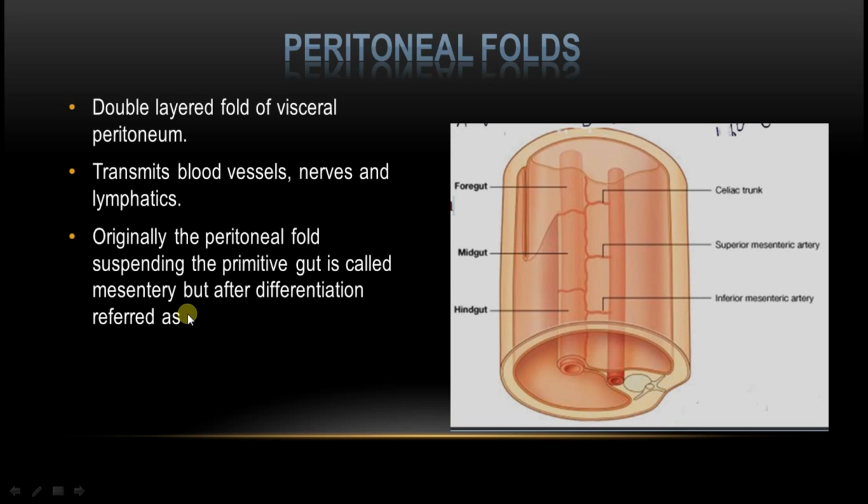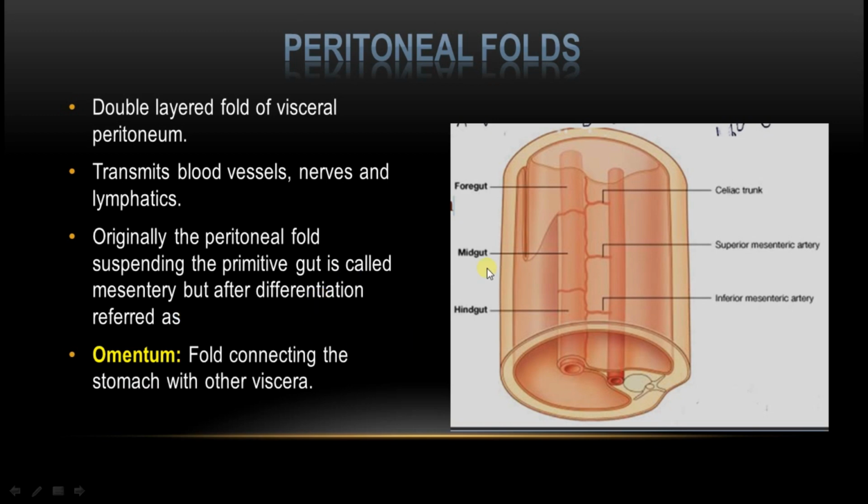The peritoneal fold of the jejunum and ileum alone is called the mesentery, whereas for the other peritoneal folds the names differ, like omentum for the folds which connect the stomach with the other viscera.